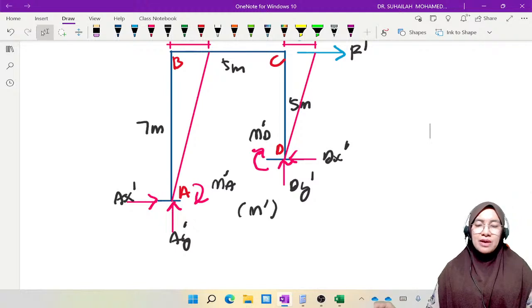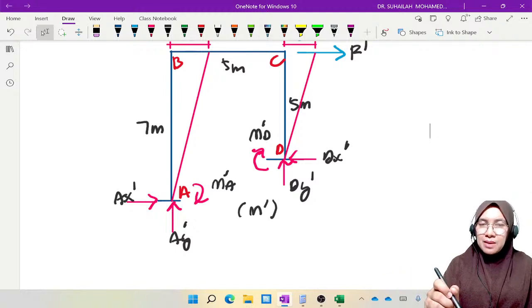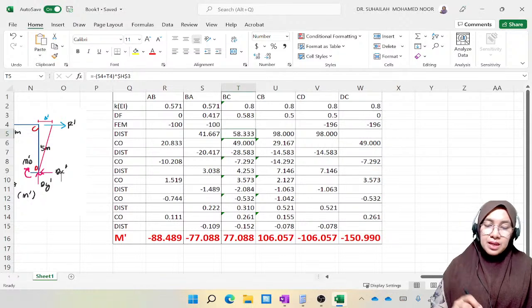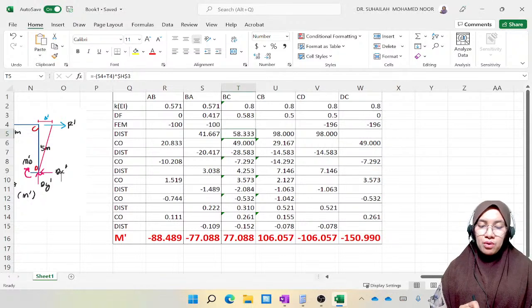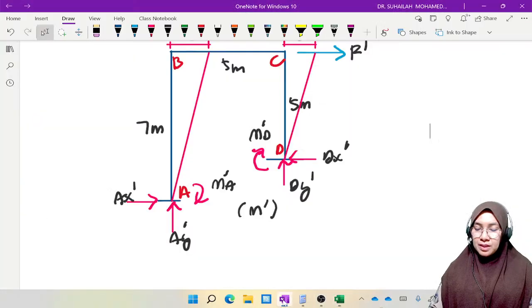MA that we get from the table is actually negative 88.5 just now. So we use that value in this.